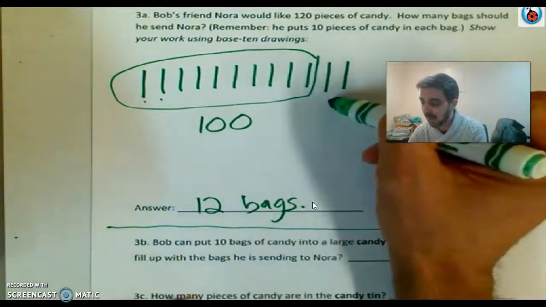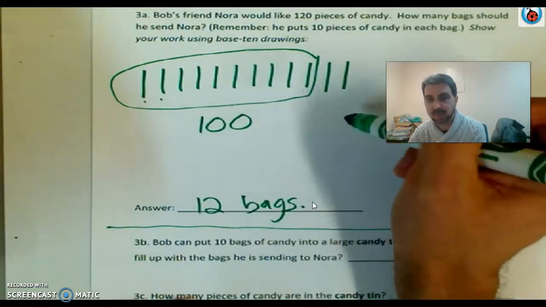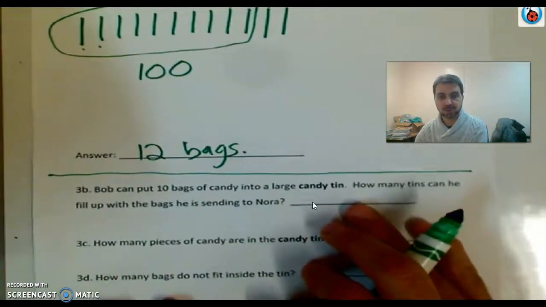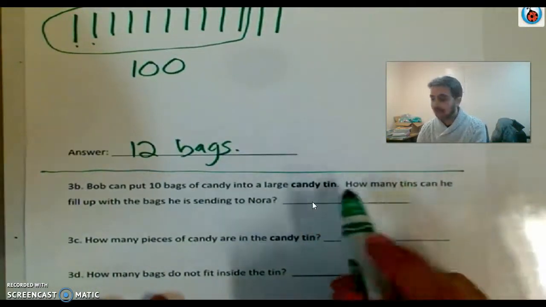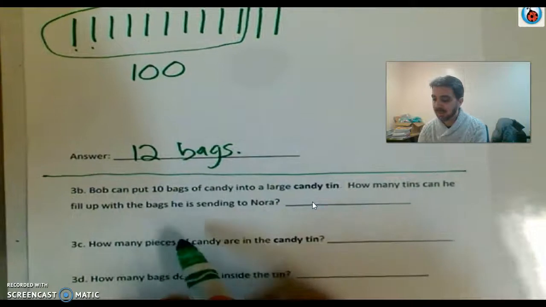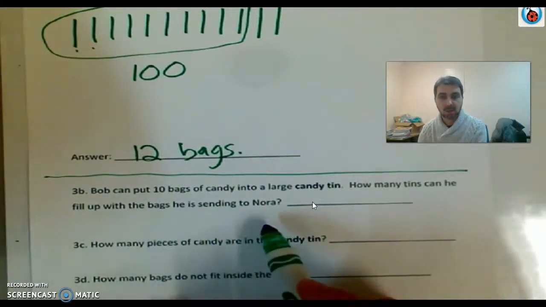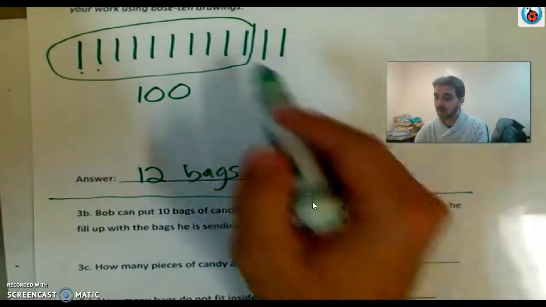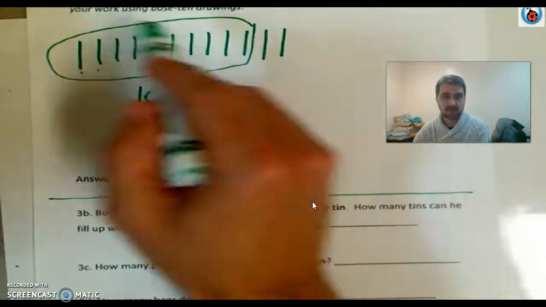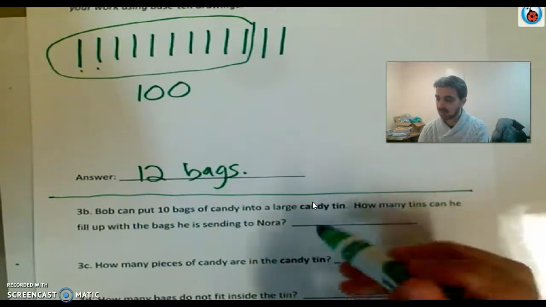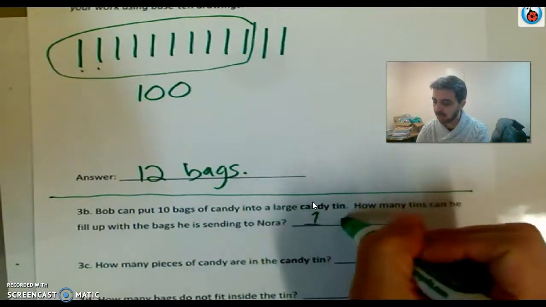And then we still have, over here, we have 20. All right, but to answer the question, how many tins can he fill up with the bags he is sending to Nora? Well, he could fill up 1 tin, right? 1 tin. So I would write down 1 tin.